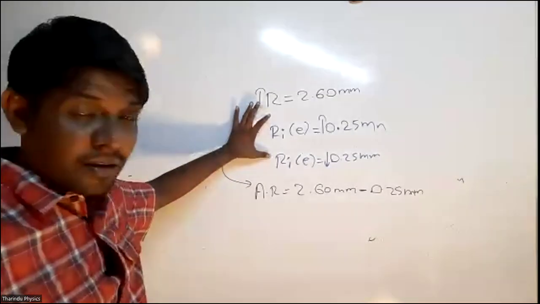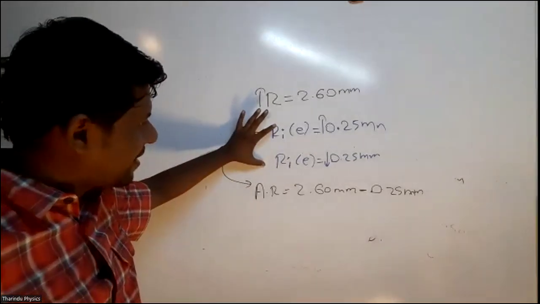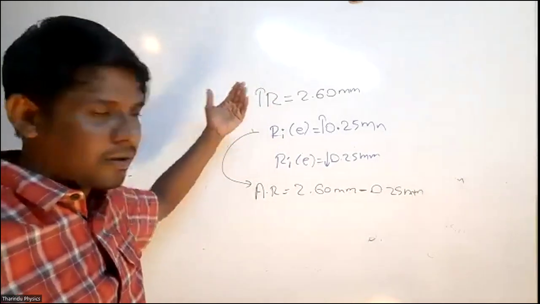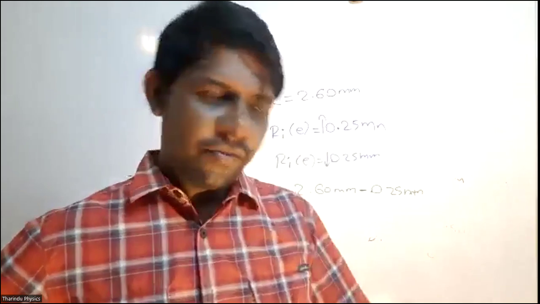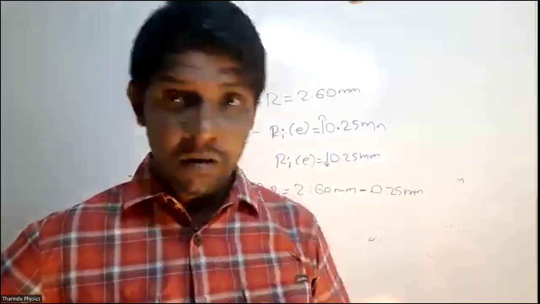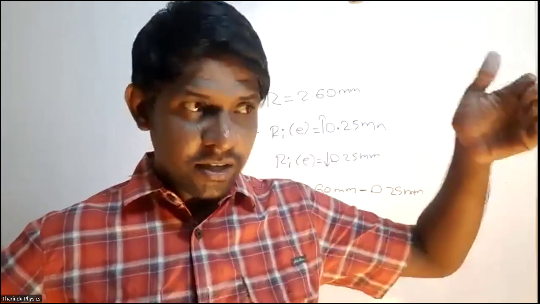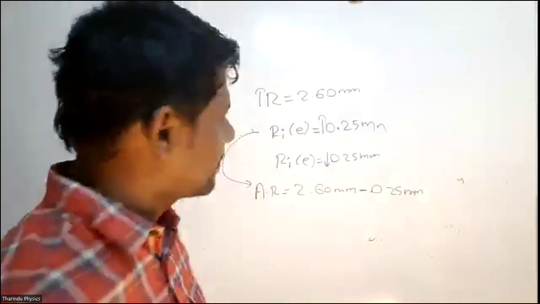Write this in a new line: if the initial reading and the final reading are on opposite sides, above the zero and below the zero, how to add?